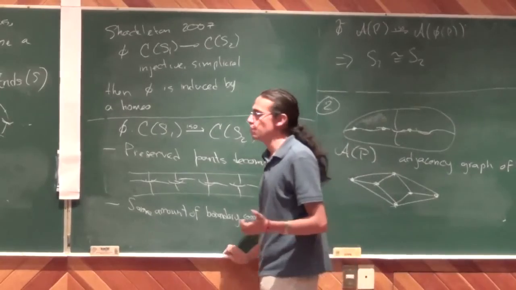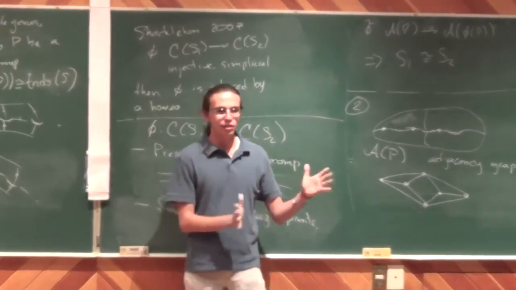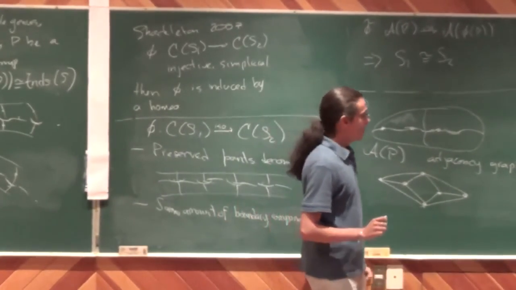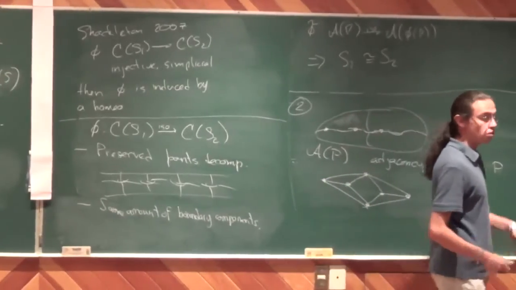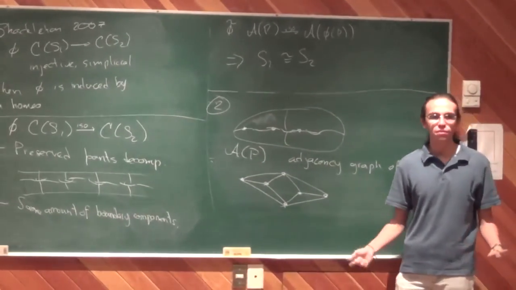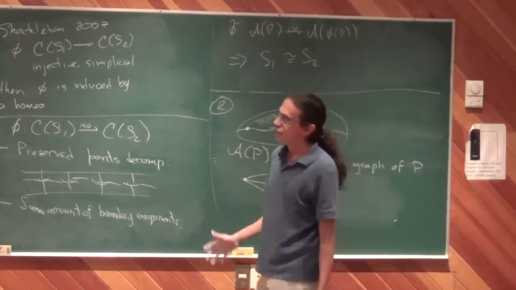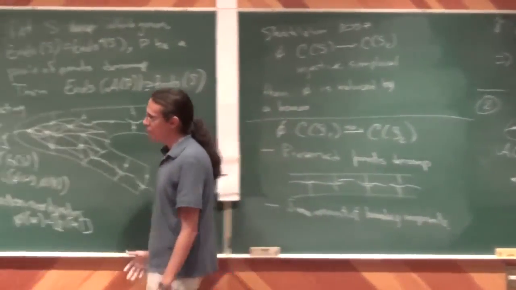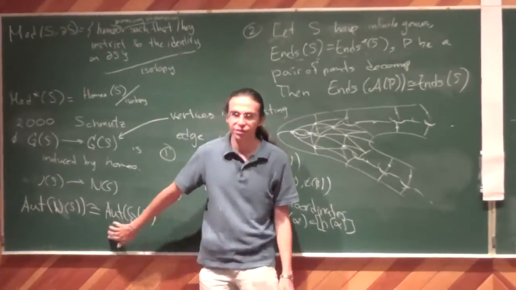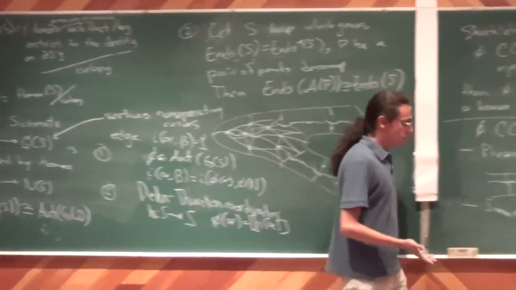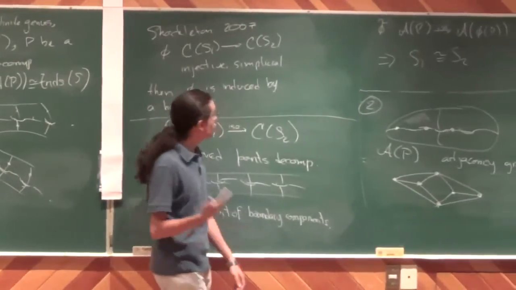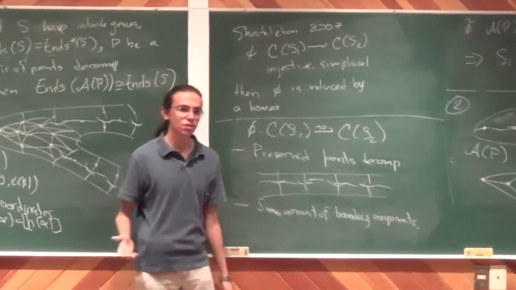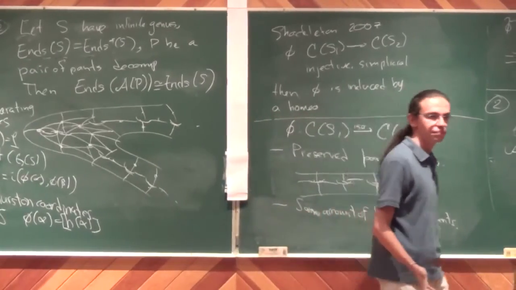And then we proved, pretty much correlating the separating curves, that it also agreed on separating curves. So we checked that the homeomorphism that we got here worked for proving Ivanov's result for the non-compact case.